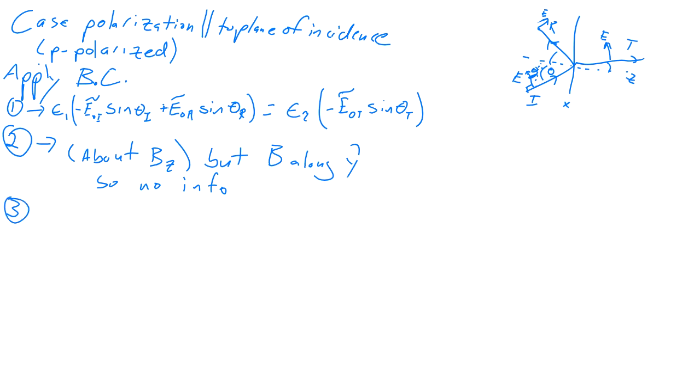Look at our third boundary condition, which had to do with the X and the Y components. Let's do the X components of the electric field. So if the Z component was given by the amplitude times the sine of the angle, well, not sine, this is going to be times cosine.